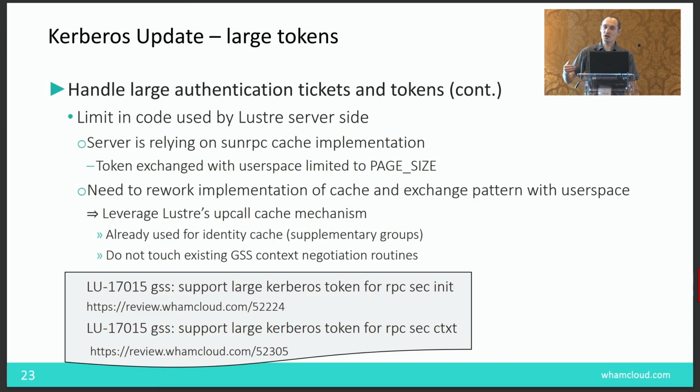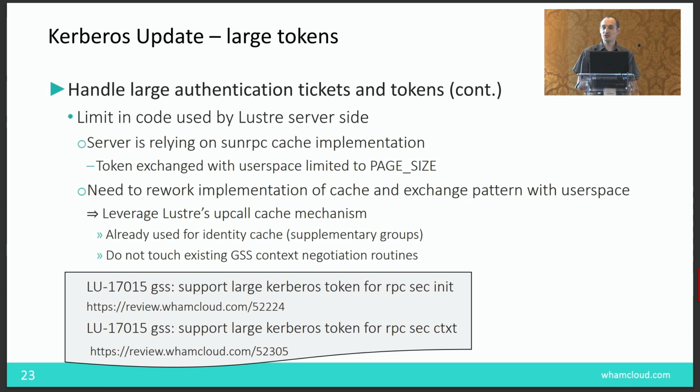But then we hit another issue, on the server side this time. You have to understand that the initial implementation of Kerberos in Lustre was based on what was done for NFS, and it heavily relies on the Sun RPC cache mechanism. This is a mechanism provided by the kernel that handles both the cache for the tickets and the communication between kernel and user space via an upcall and then downcall mechanism.